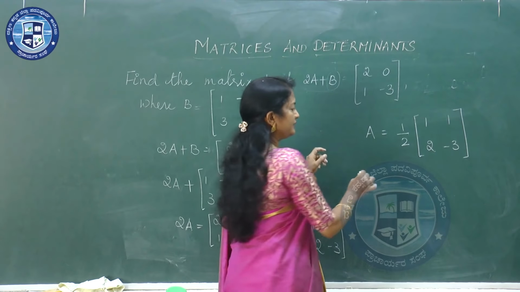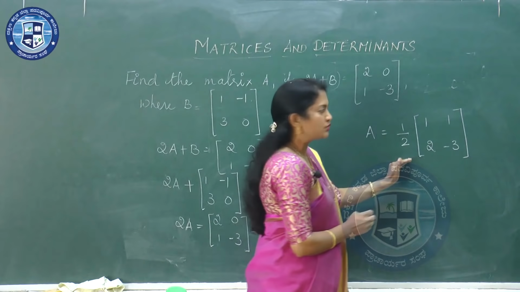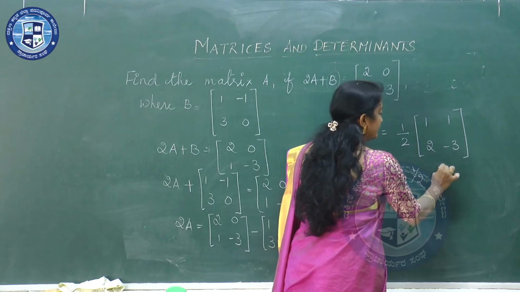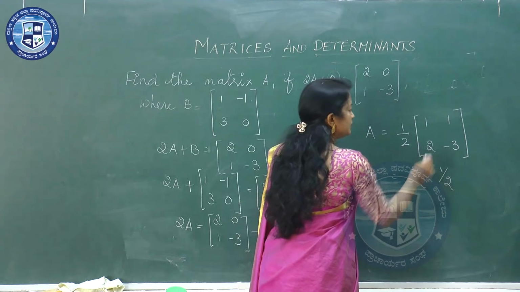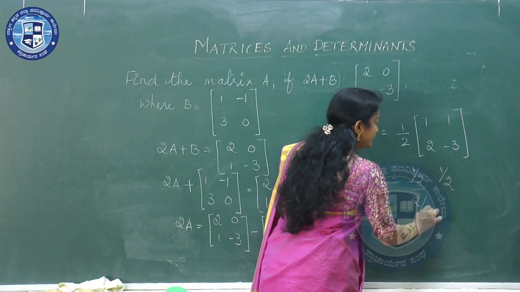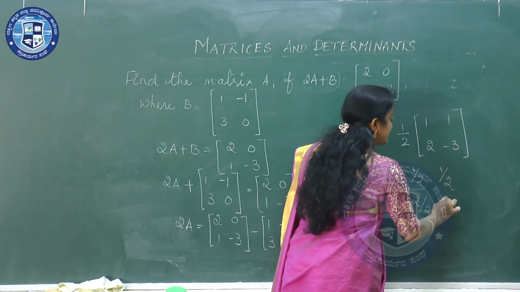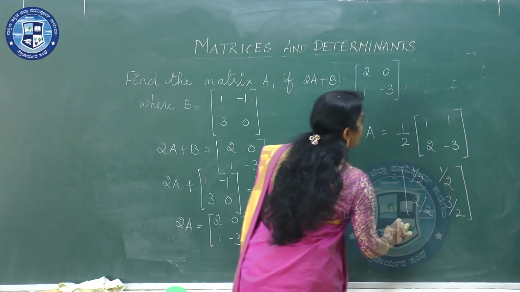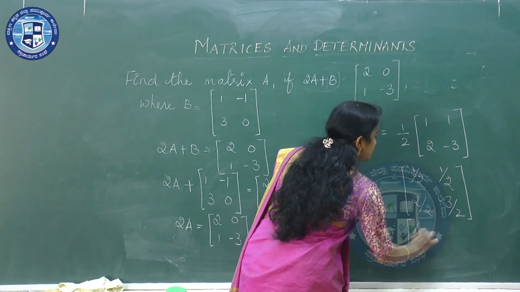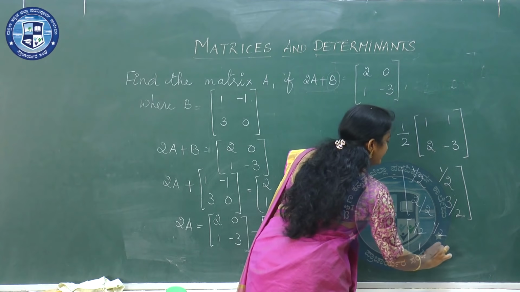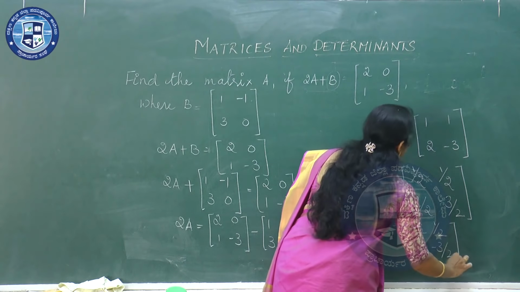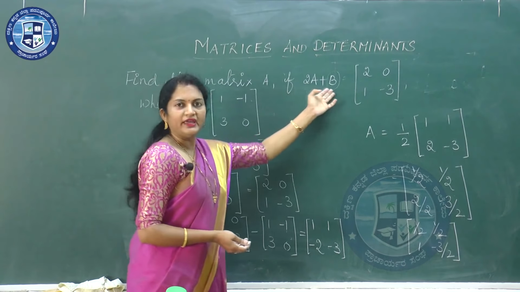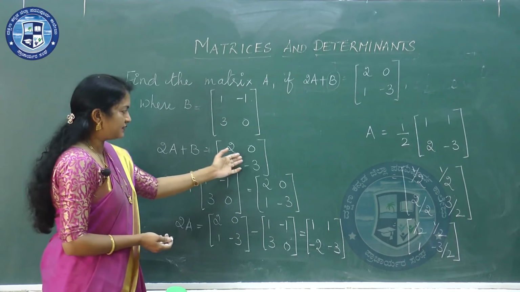So from this we get, you can multiply 1 by 2 with each element to get 1 by 2 into 1, 1 by 2, 1 by 2 into minus 2, minus 2 by 2, 1 by 2 into minus 3, minus 3 by 2, which you can also write as 1 by 2, 1 by 2, minus 1, minus 3 by 2. So this is the matrix A. What we did, 2A plus B is given, we consider that.